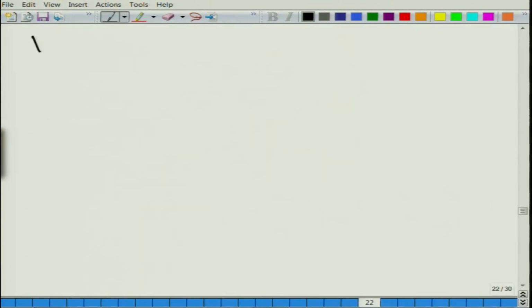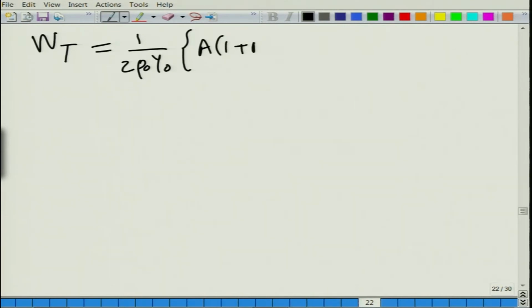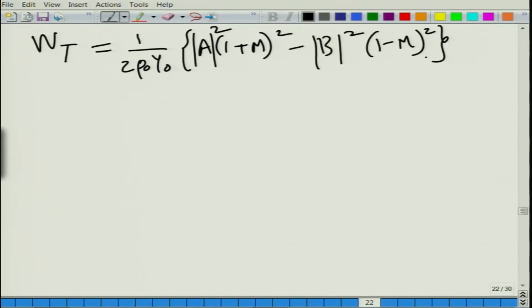So, the total power that is radiated, WT, is equal to 1 by 2 rho naught c naught into A into (1 plus M) whole square minus this, which is of course your square, something like this, all right.